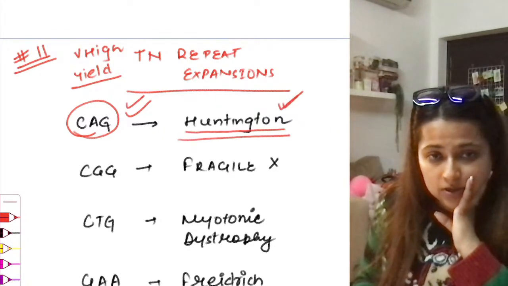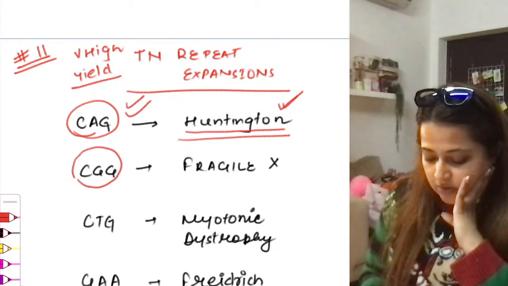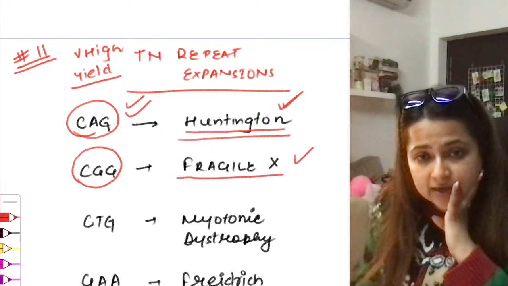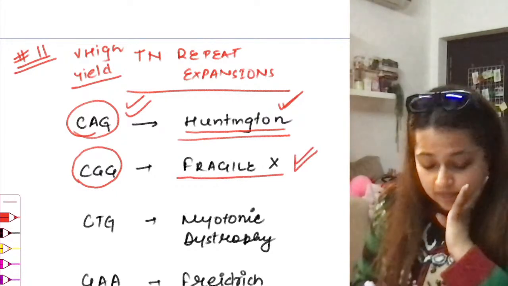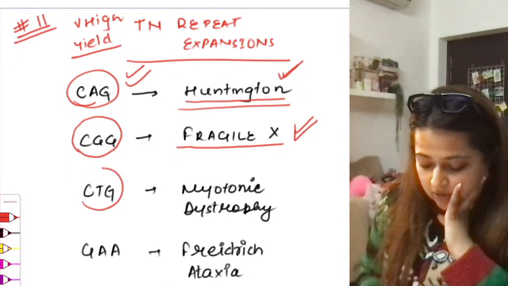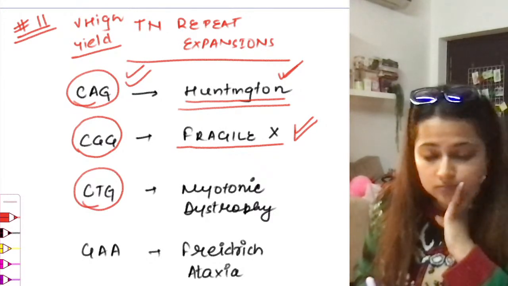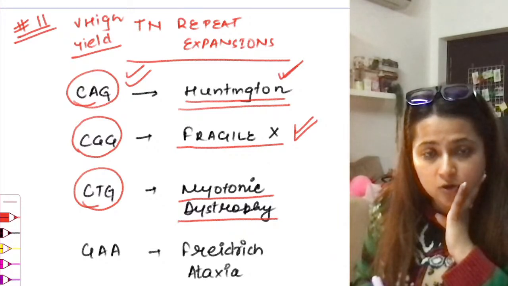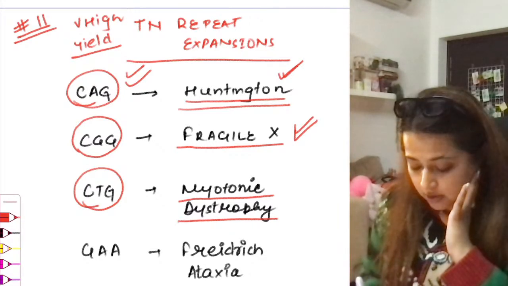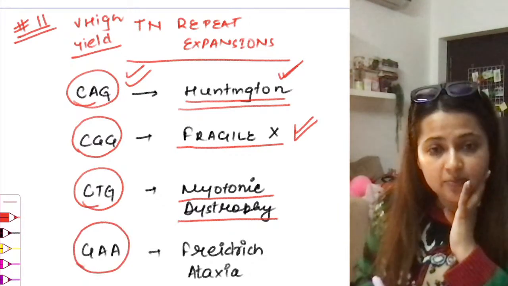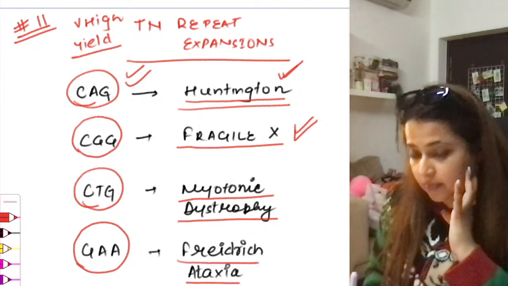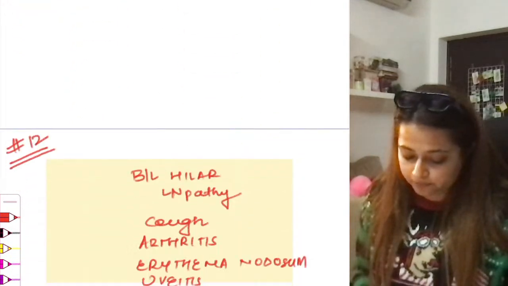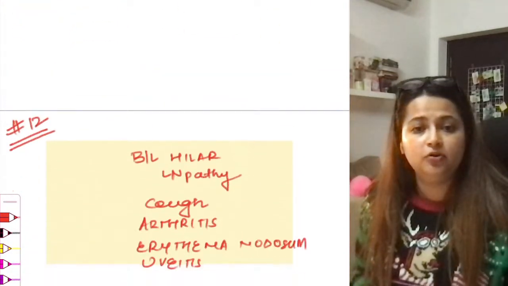If the question mentions CGG, then the answer is going to be Fragile X. If the question mentions CTG repeats, your answer is going to be myotonic dystrophy. So paste it on your wall. This is very important. Then GAA repeats, Friedreich ataxia. Okay. All right. Moving on to the next flashcard.